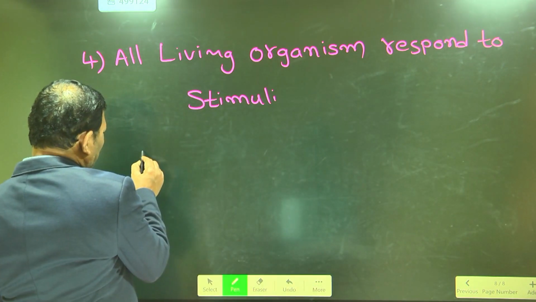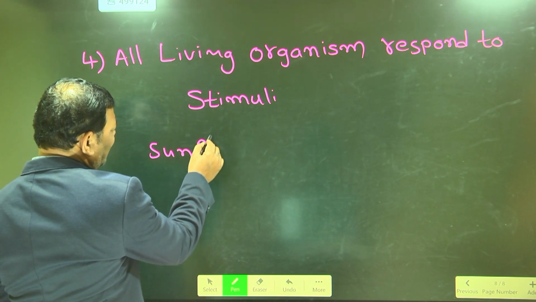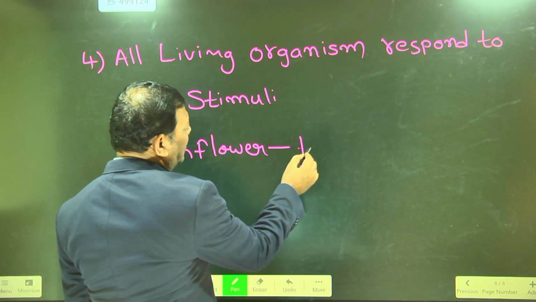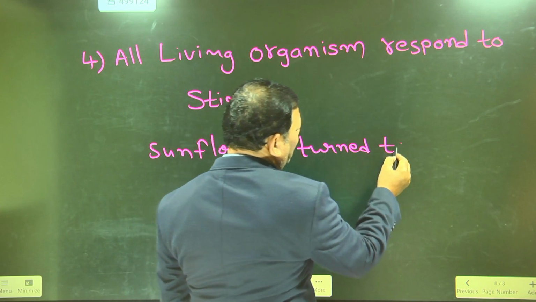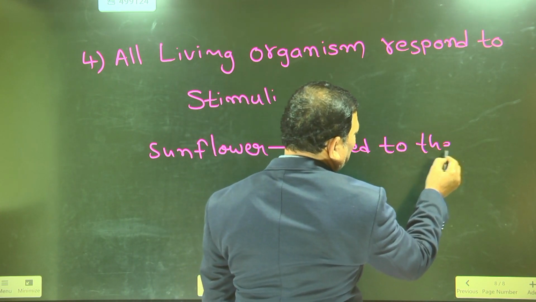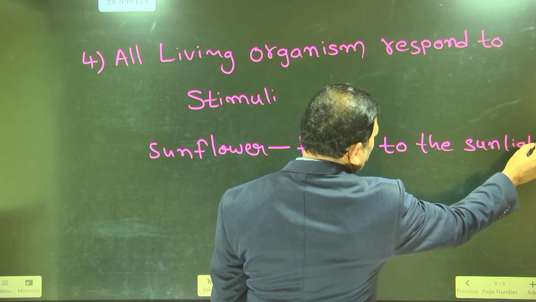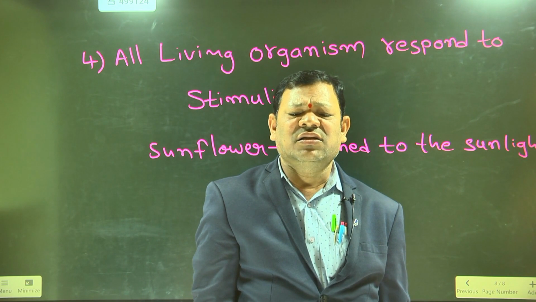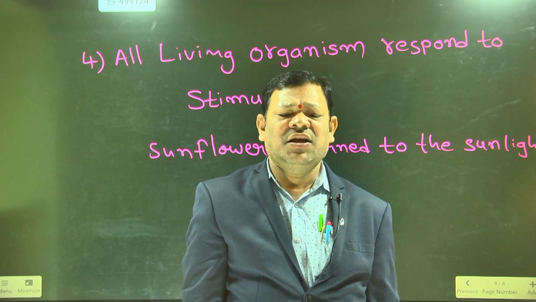You know very well the sunflower plant turns to the sunlight. For example, if I am shouting in the classroom, all the people become silent. That is also a response to the stimuli.